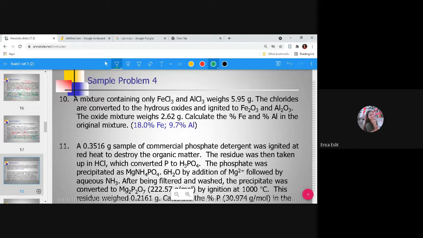The chlorides are converted to the hydrous oxides and ignited to Fe2O3 and Al2O3. The oxide mixture weighs 2.62 grams. Calculate the percent iron and percent aluminum in the original mixture. Thank you, ma'am.